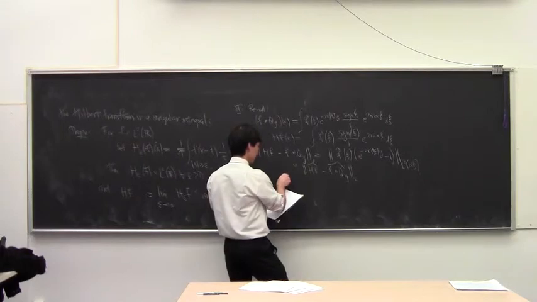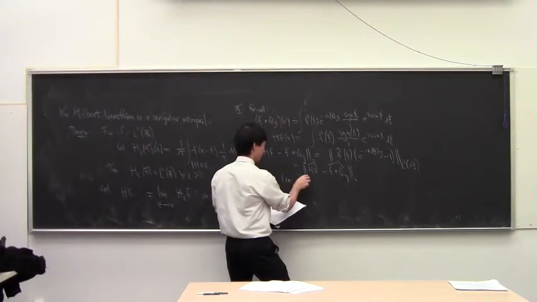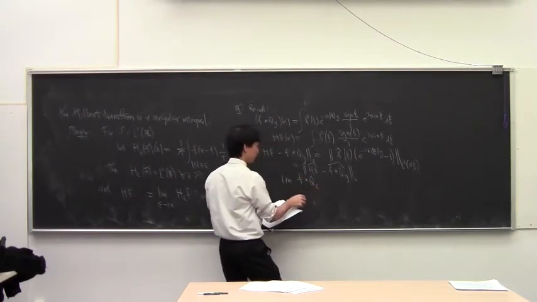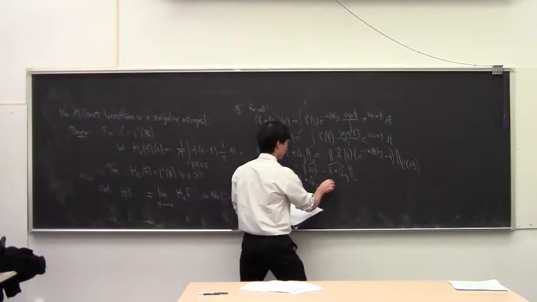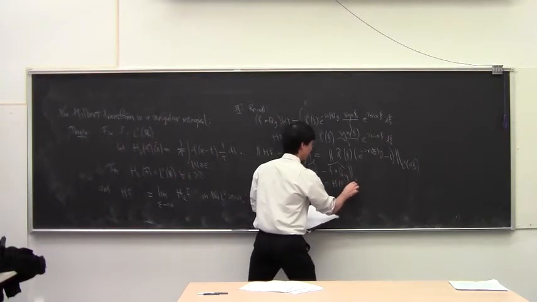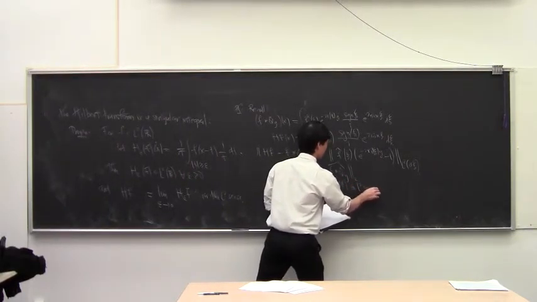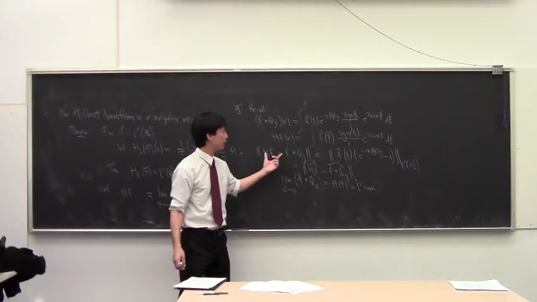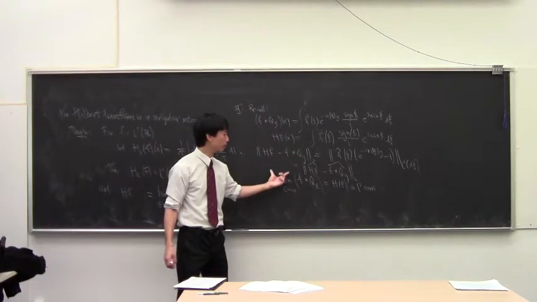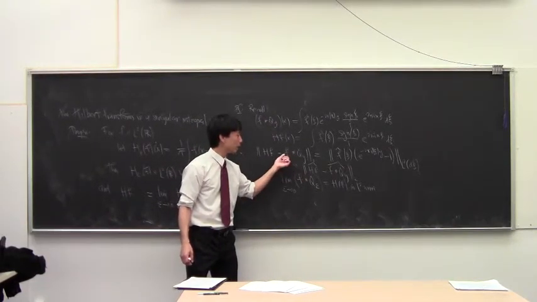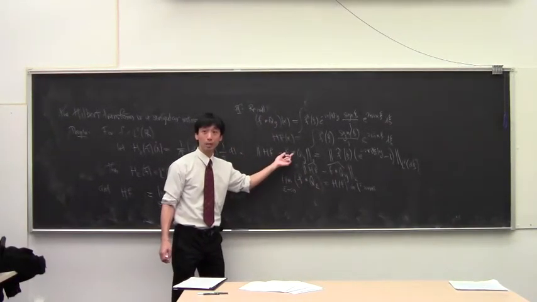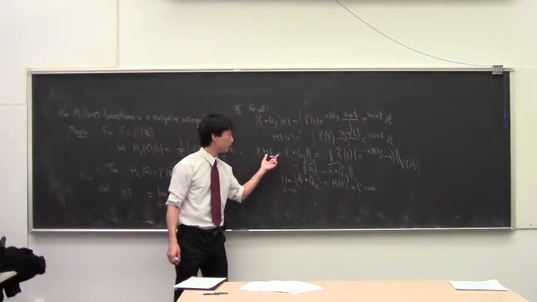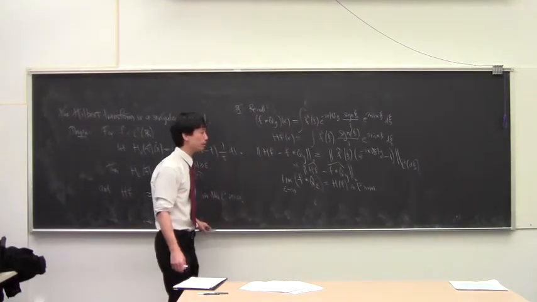So what you notice is that the limit of phi convolved with q sub epsilon, as epsilon goes to 0, is the Hilbert transform in the L2 norm. As epsilon goes to 0, this goes to 0, and so we have that the convolution with the conjugate Poisson kernel converges to the Hilbert transform in the L2 sense.